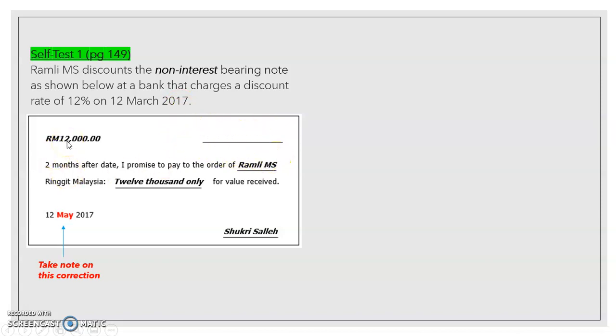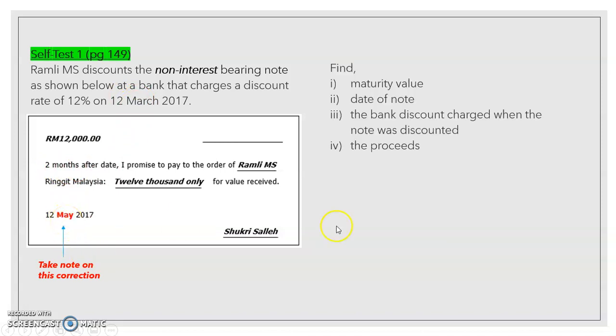The amount is 12,000. 2 months after date, I promise to pay to the order of Ramli MS, Ringgit Malaysia 12,000 only for value received. Alright, so there's a correction to be made here. In your module, it's written 12th April, but it's actually 2 months after, from March, April, May. So it has to be 12th May.